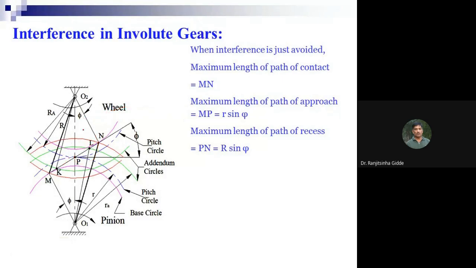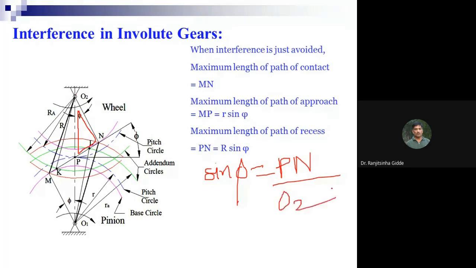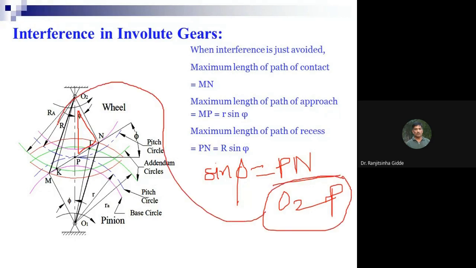Okay. So just by considering this triangle, here we can write sine phi is equal to this opposite side, that is Pn, upon this O to P. So O to P is nothing but R, right?